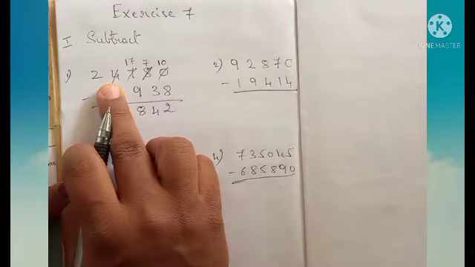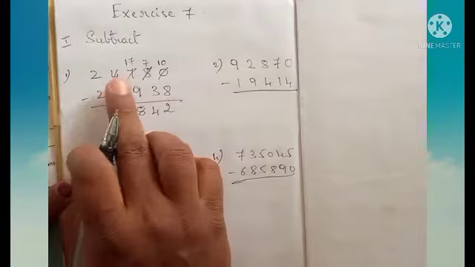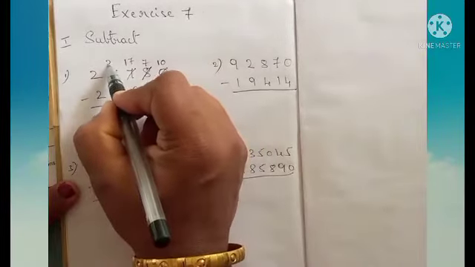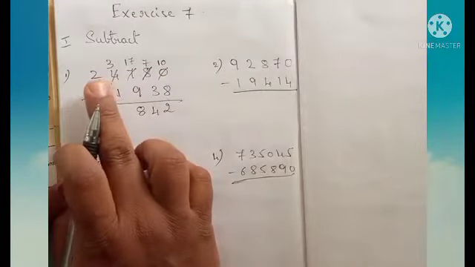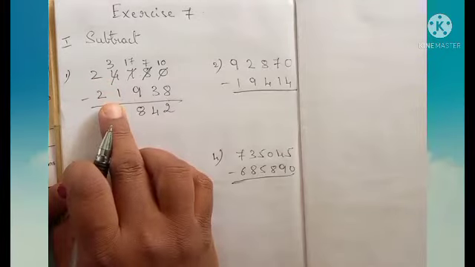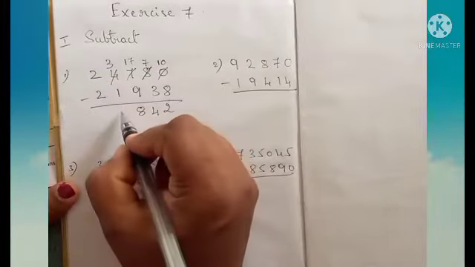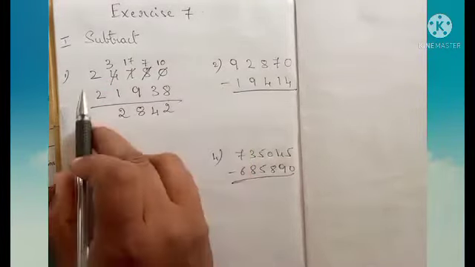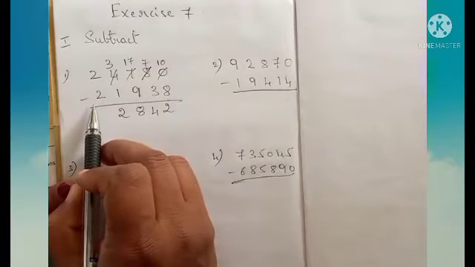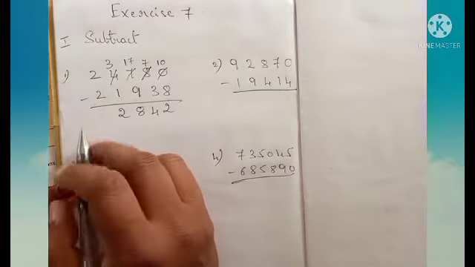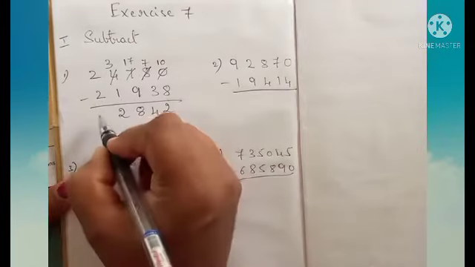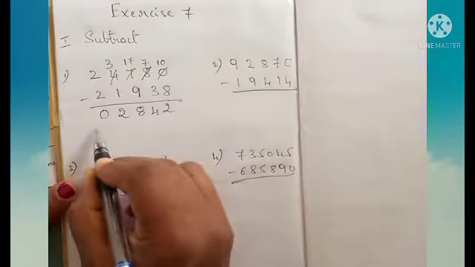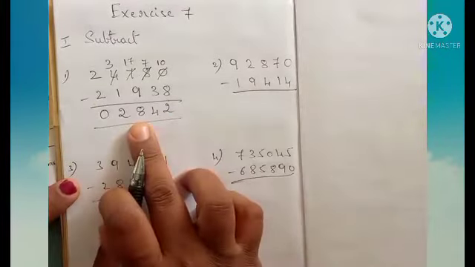Here, 1 we have borrowed, so how much is remaining here? Yes, 3 is remaining. In 3, if you minus 1, 2. In 2, if you subtract 2, nothing, so write 0.